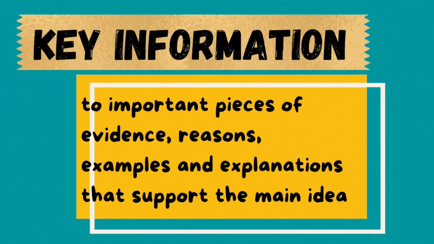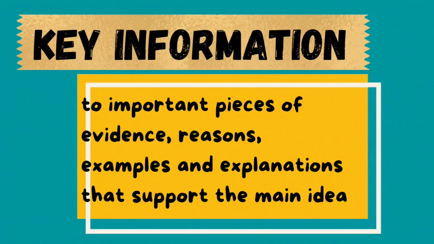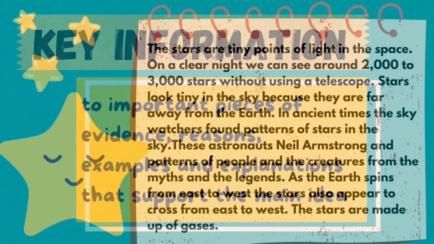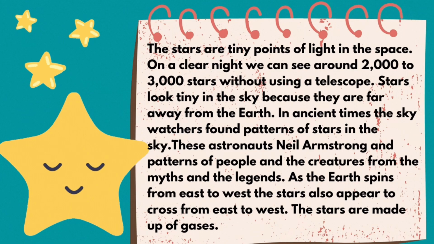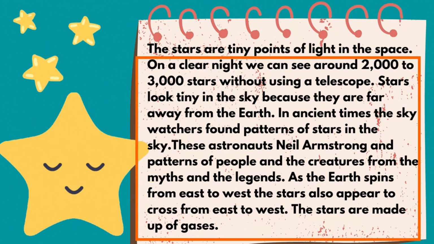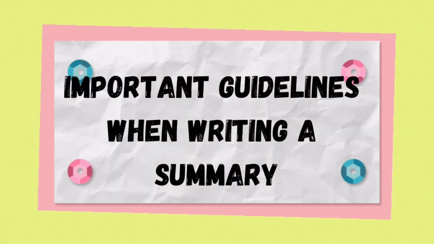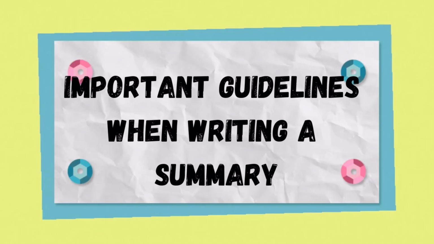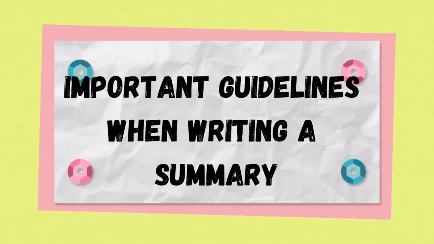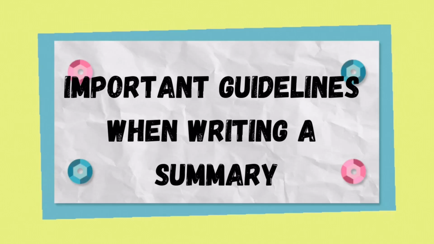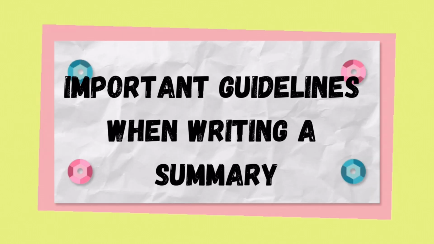Key information, meanwhile, refers to the important pieces of evidences, reasons, examples, and explanations that support the main idea. This includes details that further establish one's main point. Since a summary is a shortened version which presents the gist of a specific material, it is important to consider these important guidelines when writing one.